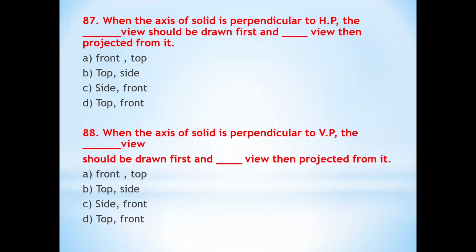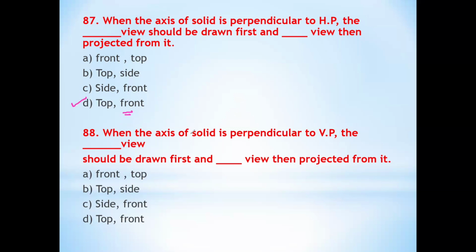So accordingly we'll see the options. If the axis is perpendicular to the HP, first we need to draw its top view, and then we can go for its front view. So option D will be correct.